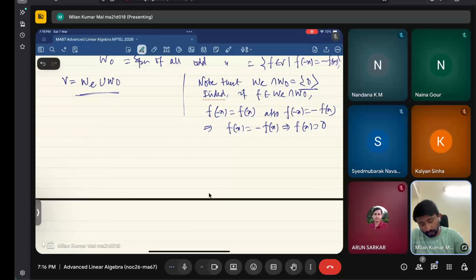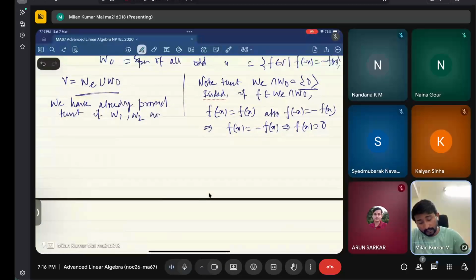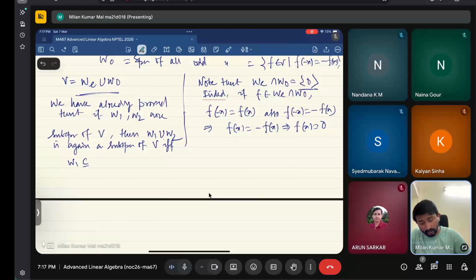We have already proved, probably in the first tutorial, that if W1 and W2 are subspaces of V, then W1 union W2 is again a subspace of V if and only if W1 is contained in W2 or W2 is contained in W1.